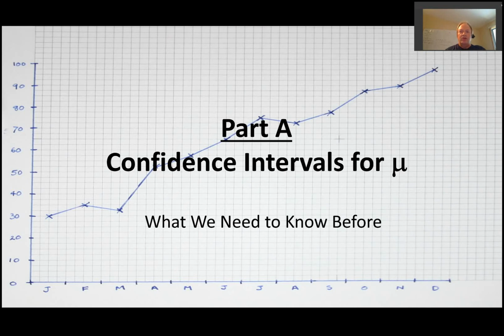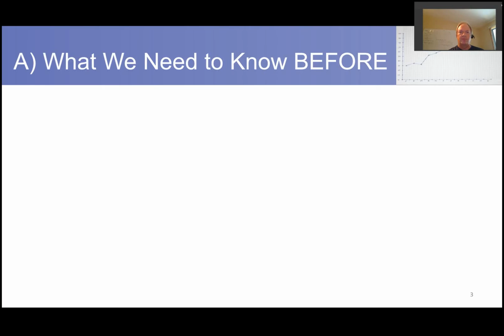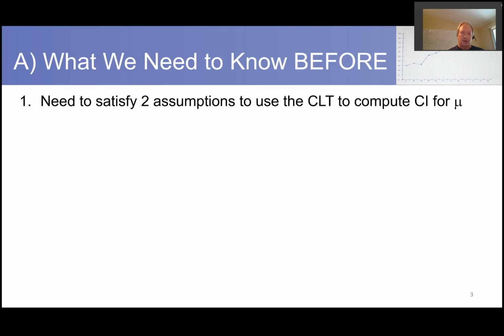Okay, so what do we need to know before we begin to get into computing a confidence interval? Three things primarily. The first and the most important thing is we have to check and make sure that the two assumptions we need to satisfy in order to use the central limit theorem for population means are satisfied.